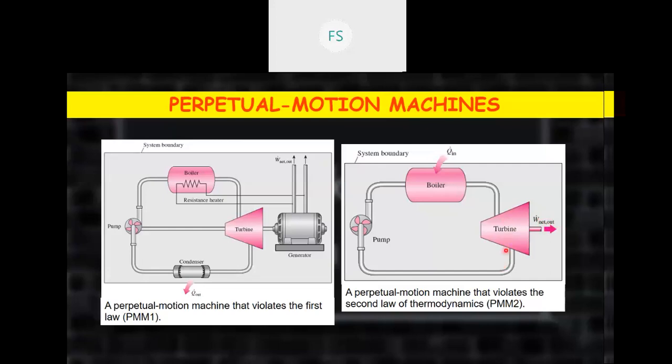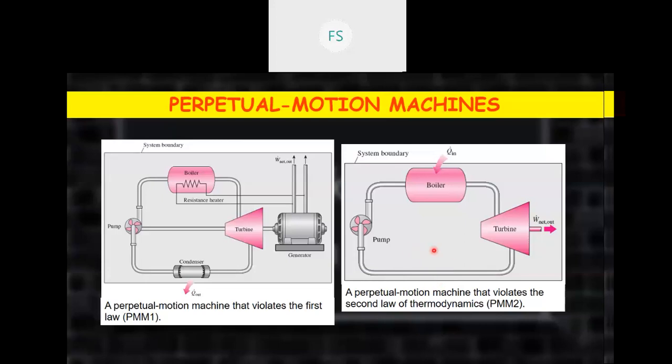Then the working fluid continues to flow to the pump without having any heat release between turbine and pump. So from here we know that it violates the second law of thermodynamics.